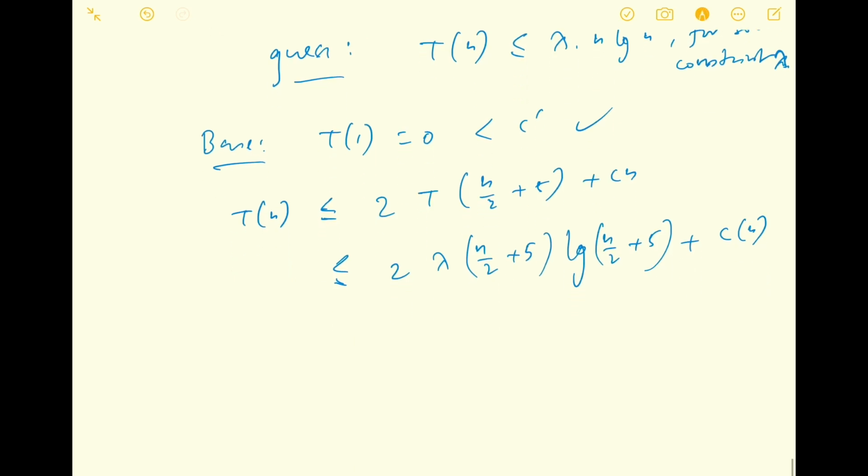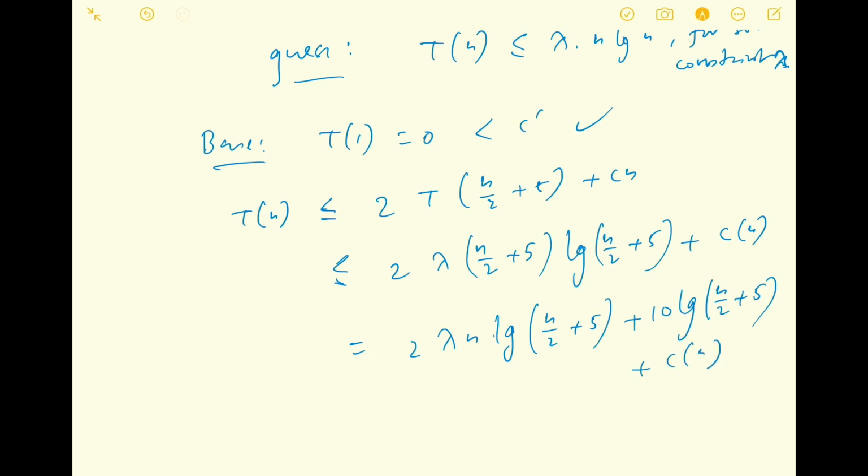Then this is equal to 2 lambda (n/2) log(n/2 + 5) plus 10 lambda log(n/2 + 5) plus Cn. This is C times n, Cn.